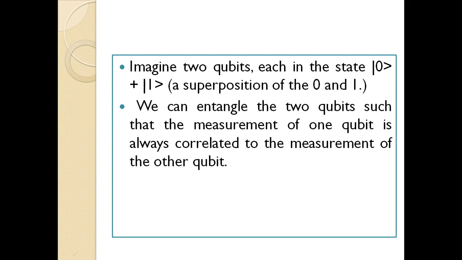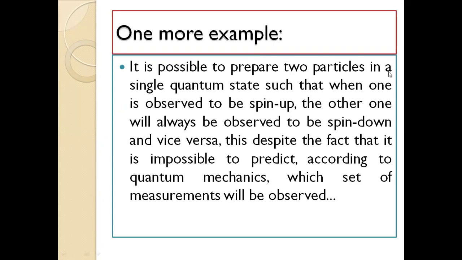Superposition, combination, right? And entanglement, the ability of correlations between those different states in the superposition. Let's take one more example. It is possible to prepare two particles in a single quantum state such that when one is observed to be spin up, the other one will always be observed to be spin down, and vice versa.